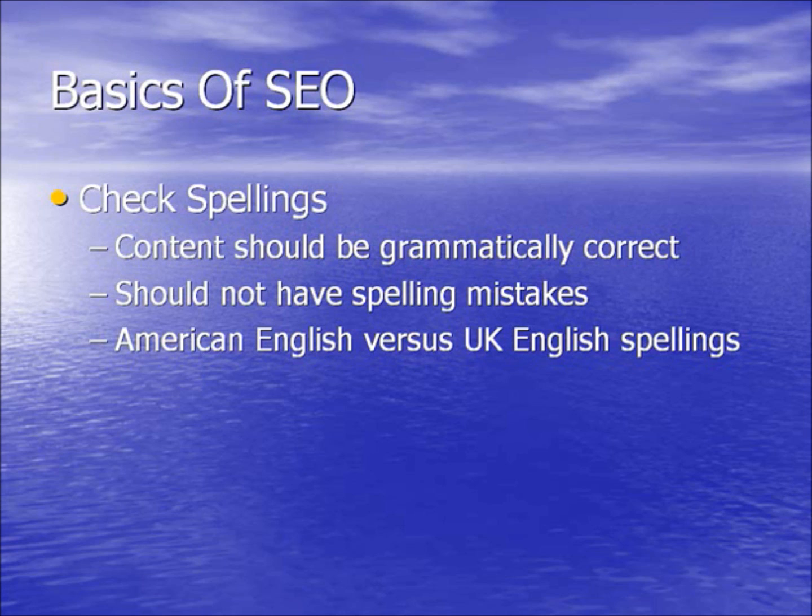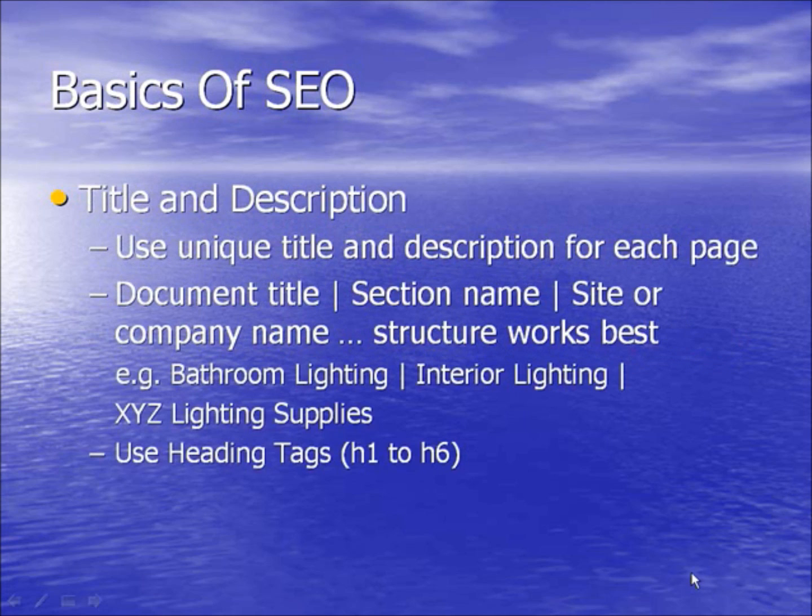So which one should you use? Well, again, it depends on what area your website is targeted at. If you have a UK-based website, then it is preferred to use the UK spellings. Similarly, if your audience is American, then you should use American spellings. Some people tend to mix the two together, but personally, I would not recommend that.